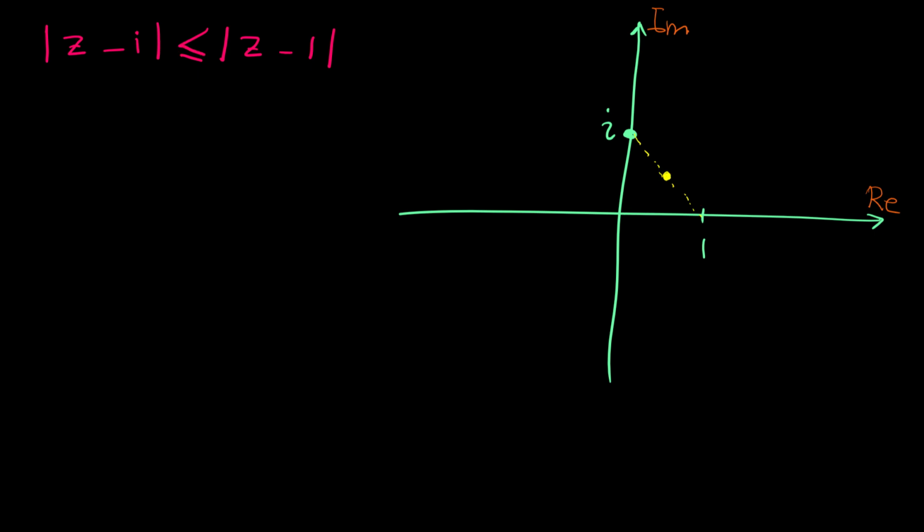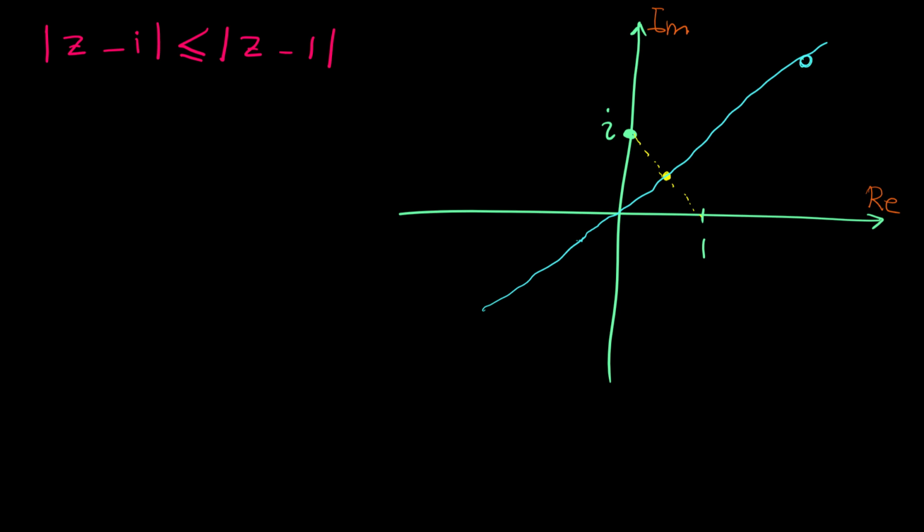Now, if at this point we draw a line perpendicular to this line, the points on this line have the same distance from these 2 points.